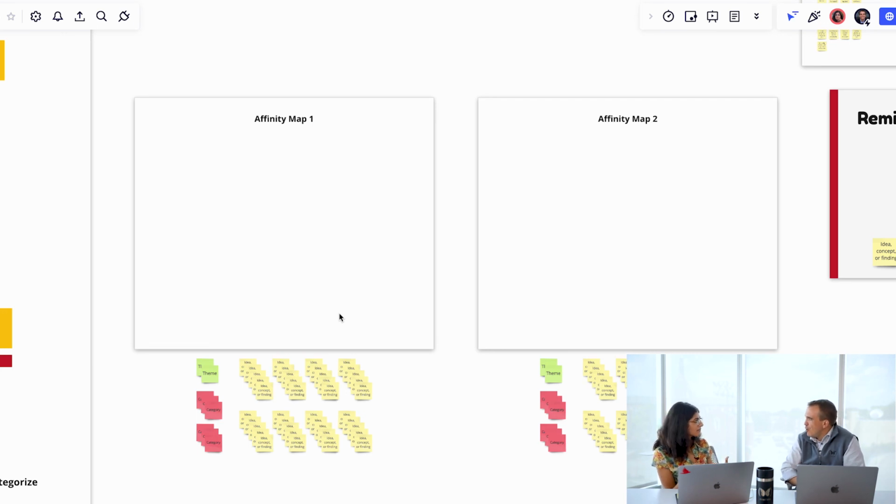You build the ontology. Right, exactly. This is starting to step on a different method, which is called card sorting. Sure. And the two methods are quite similar, but that's an example where we might want to develop multiple affinity groups in a way that we don't dictate what the categories are and see if there's an alignment or perhaps lack of alignment between how different people think about it and why.